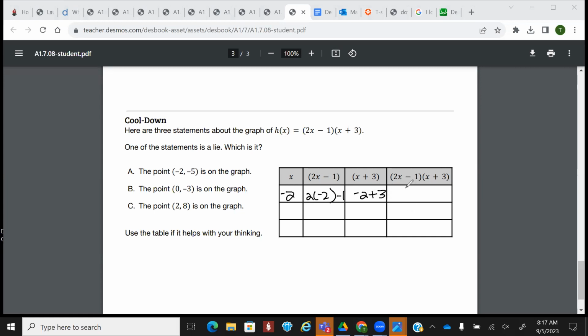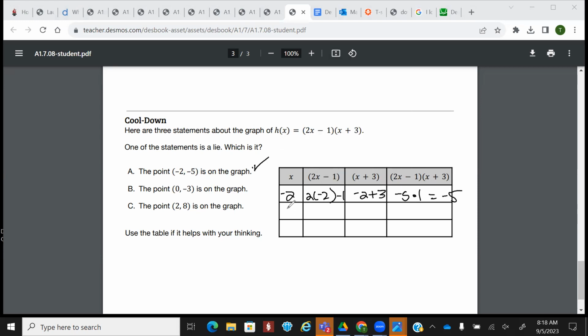So I'm going to multiply those together. So that's going to give me negative 5 times 2. That gives me negative 10. So is that true? Oh, I'm sorry. I take it back. I was doing that too quick. This gives me negative 5 times 1, which is negative 5. So the first one is correct.